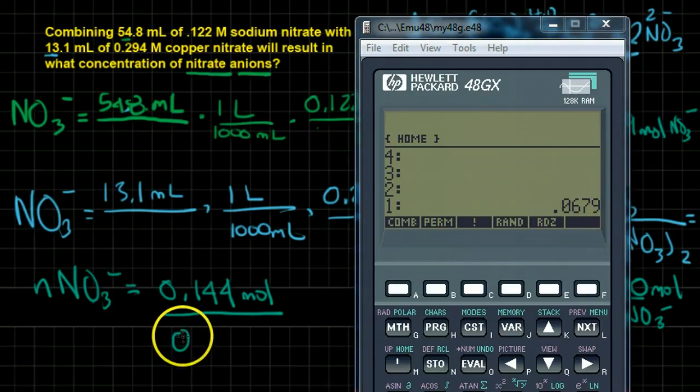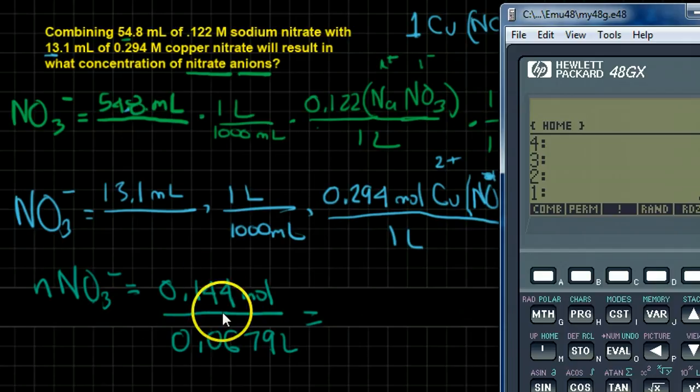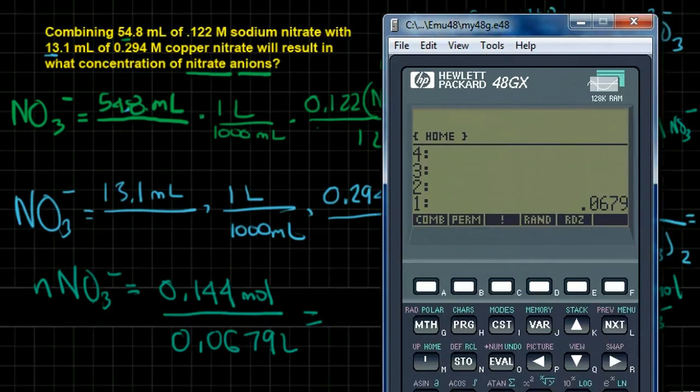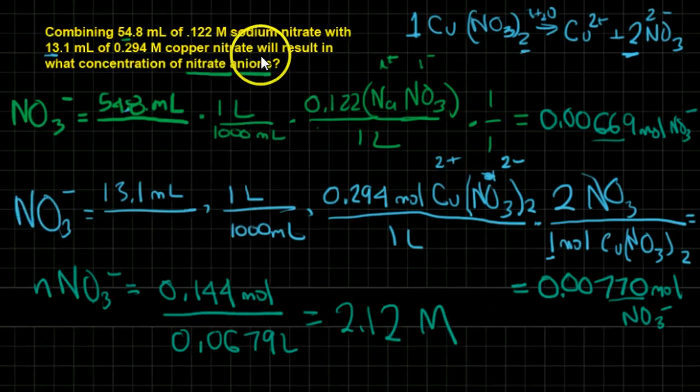Okay, so 0.0679 liters, and the final answer to this is going to be this divided by this, so 0.144. Okay, I'm going to swap those, and then I'm going to divide them. My answer ends up being 2.12 molars of nitrate anions.